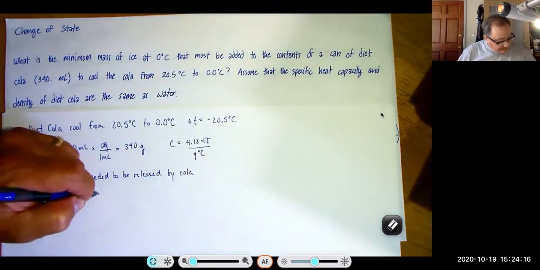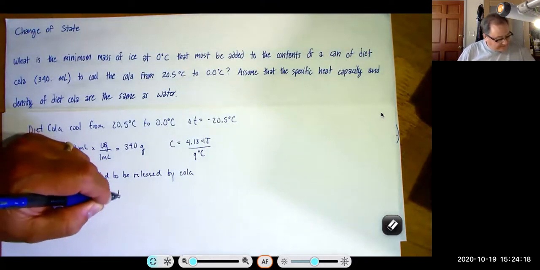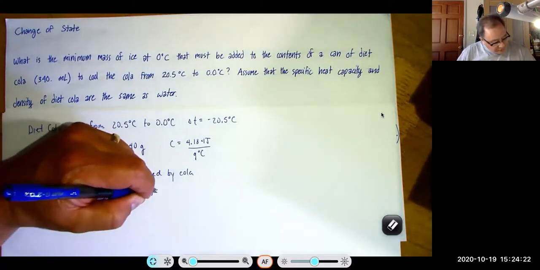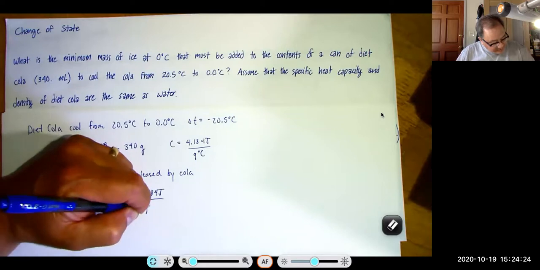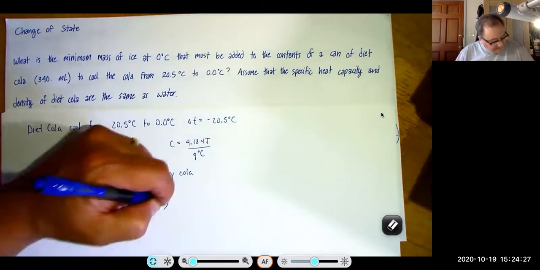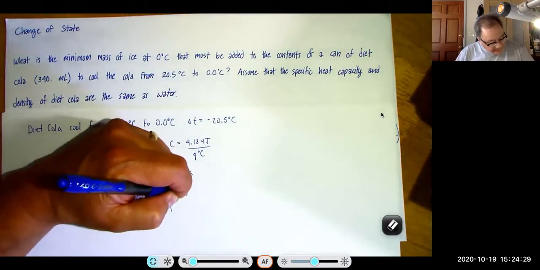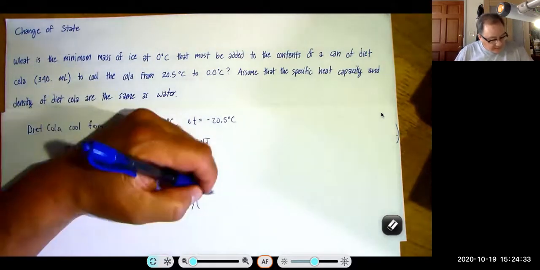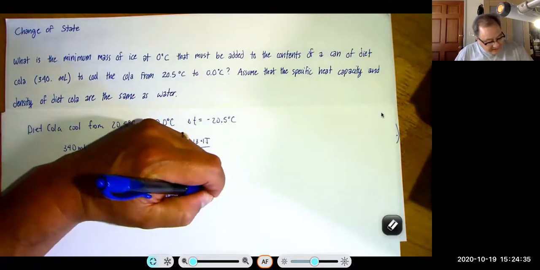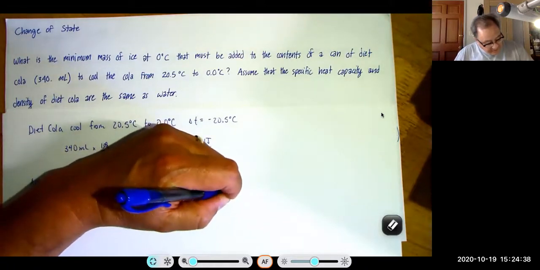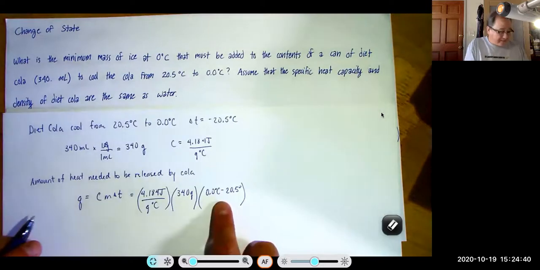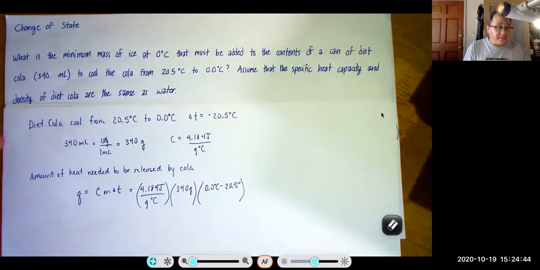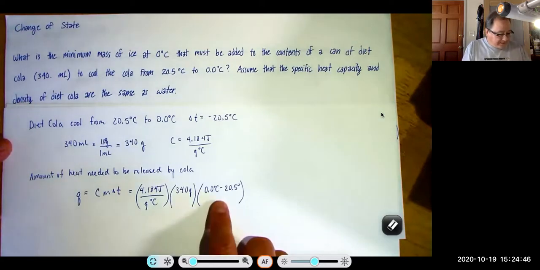Q is equal to Cm delta T, which is 4.184 joules per gram degree Celsius times 340 grams times the change in temp of, we'll actually put this in here like this, so you can see why it ends up being negative.